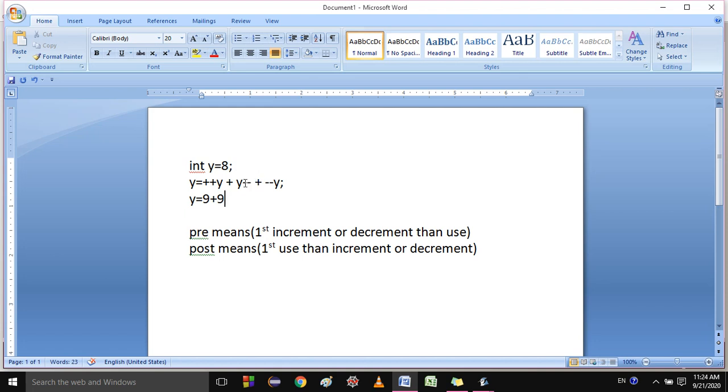And this is basically post-decrement, so first use then decrement. You just use 9, then decrement, it becomes 8 right now. Here you will get 8. This says first decrement then use, so 8 becomes 7 right now. So what is the answer? You will get 9 plus 9, 18, plus 7.